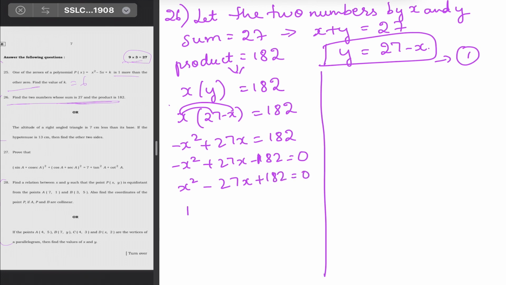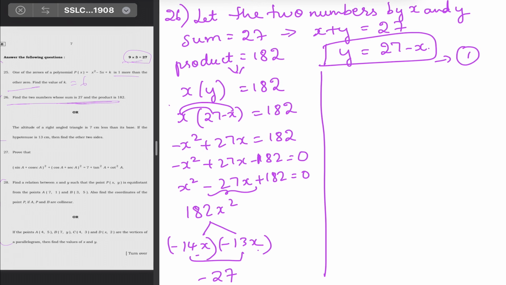So the factors for 182 x square are 14x and 13x. Since the middle term is negative, I will be taking negative for both the terms. So on adding, I get minus 27x and their product I will be getting as 182 x square.